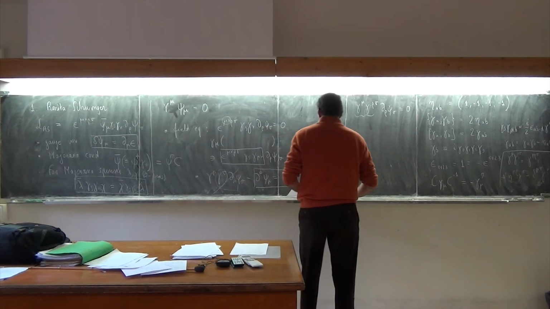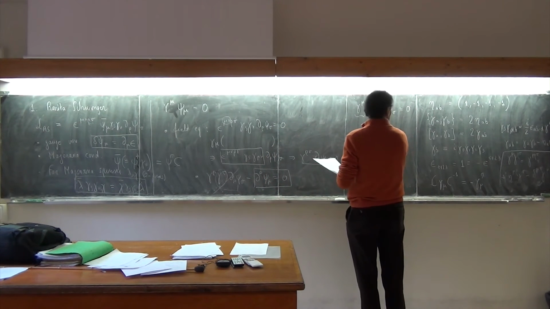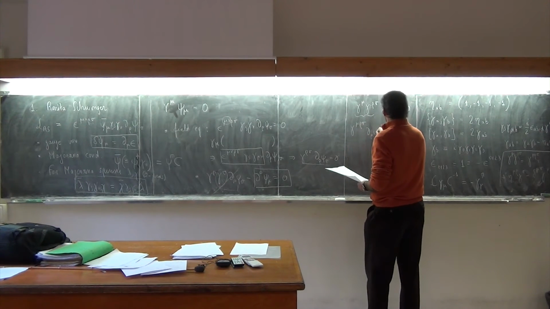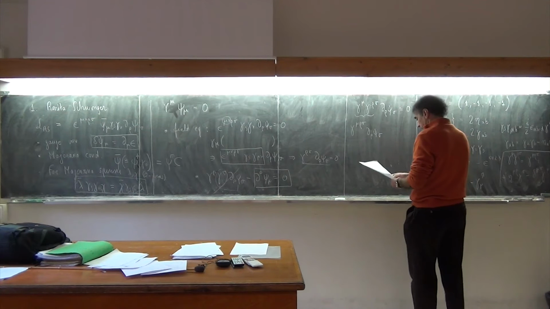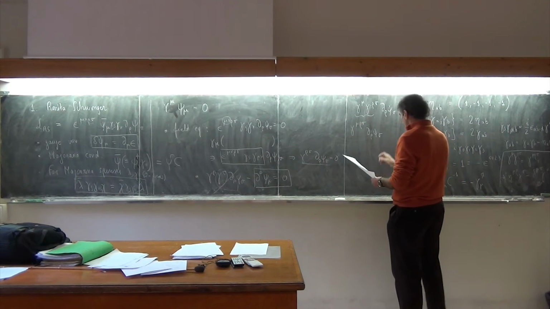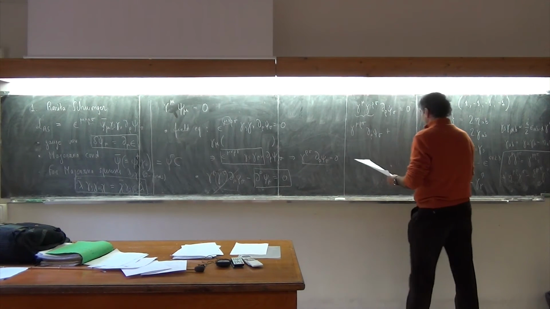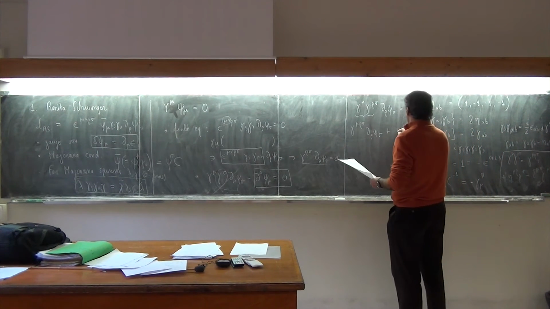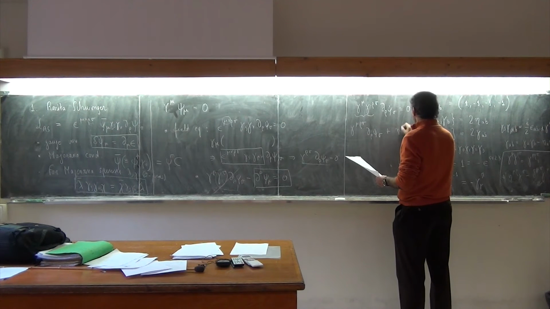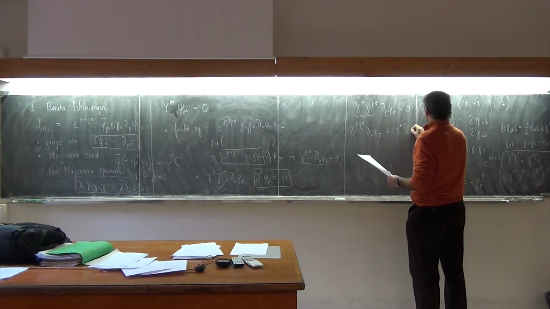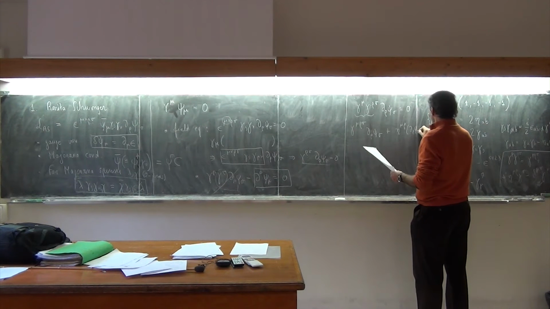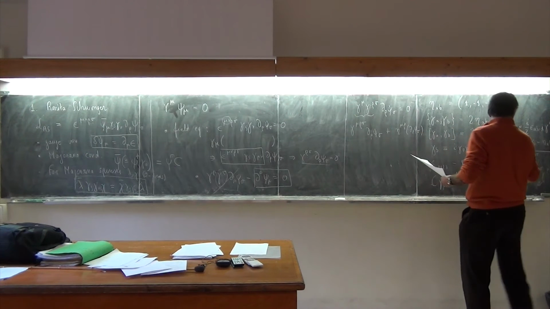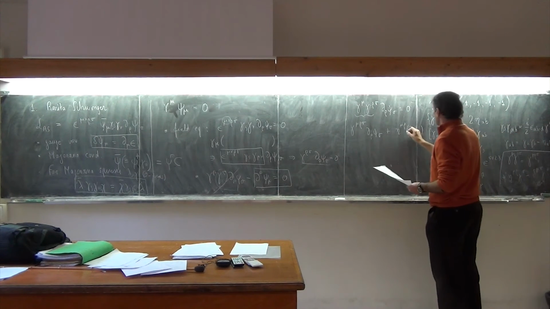And if you use this, then you find that this reduces to gamma mu rho sigma, 0 psi sigma, plus you have this piece that gives you plus eta mu rho, and I have a gamma sigma here.